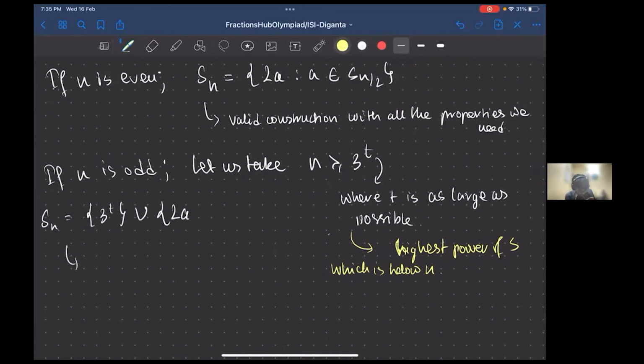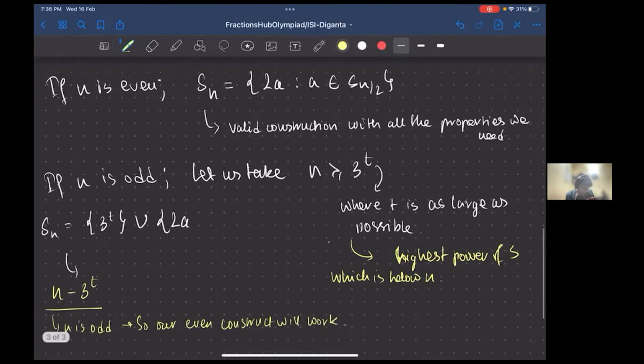Just keep in mind, what we are doing is we have this remaining part, since n is odd, our even construction will work.